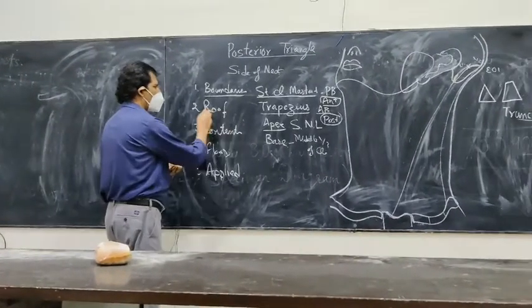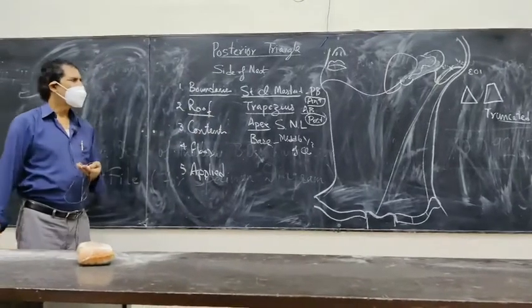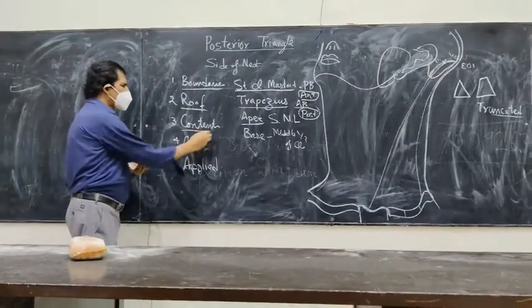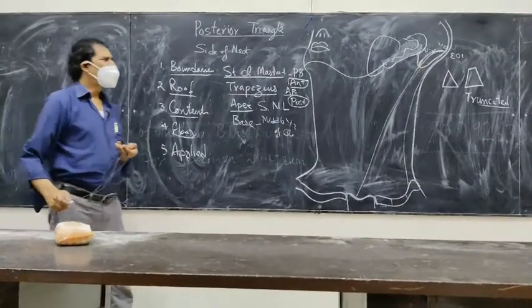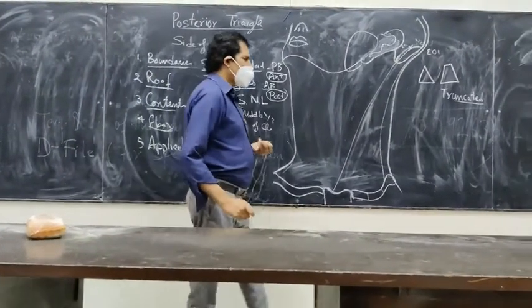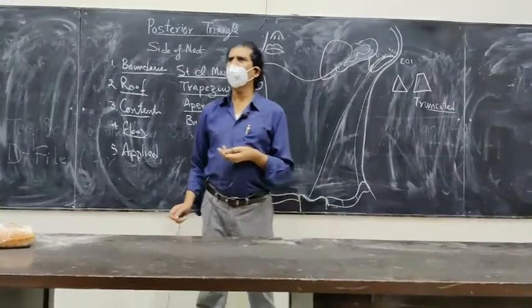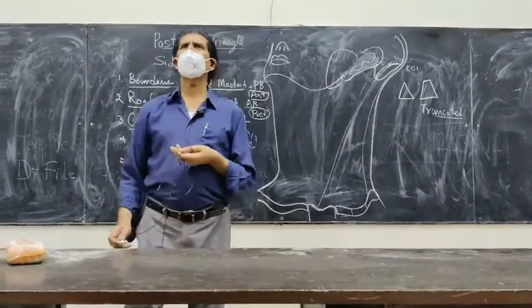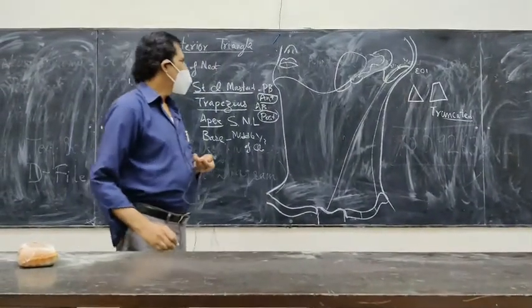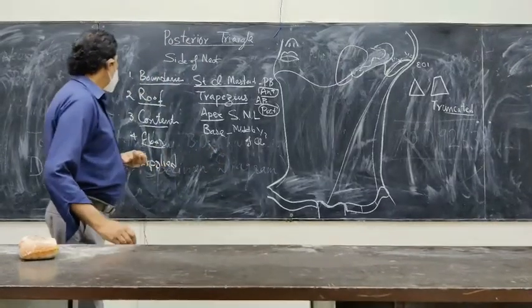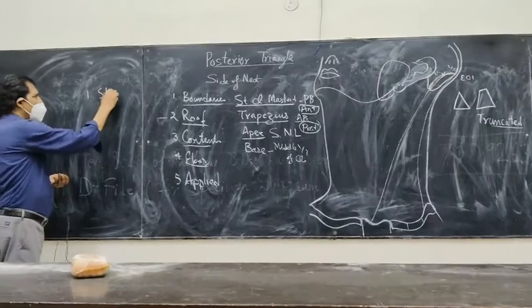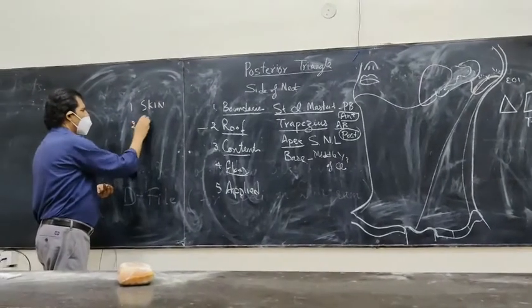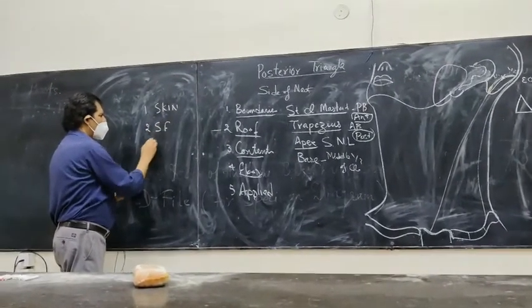Now comes the roof. All the contents and the floor are covered by the roof. So in order to see the contents and the floor, we have to remove the roof of the posterior triangle. The roof of the posterior triangle is formed by the skin covering it, the superficial fascia and the deep fascia.